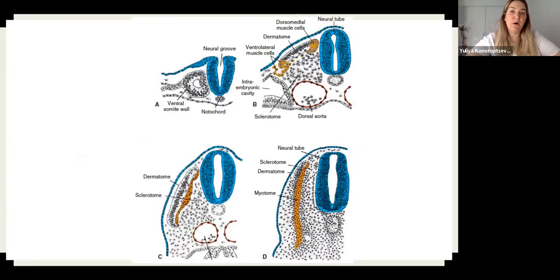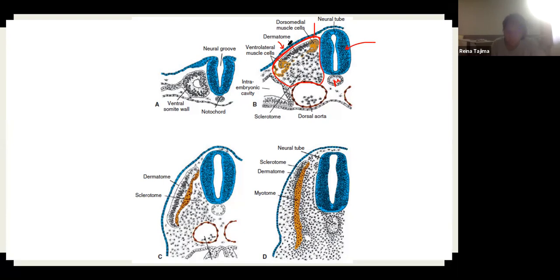This picture will come up. They're going to bring this picture. You can see that this is the neural tube. This is the surface ectoderm, which is your epidermis. This is the notochord. So how do we call this? This is your paraxial mesoderm. But how do we call one segment of paraxial mesoderm?